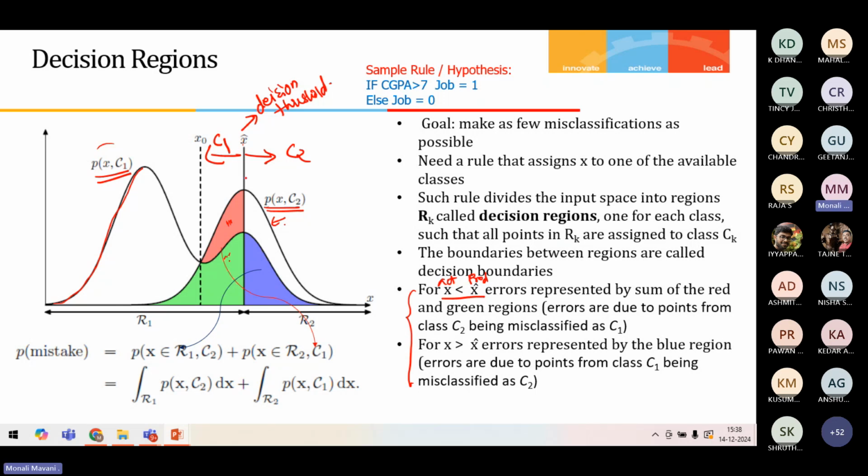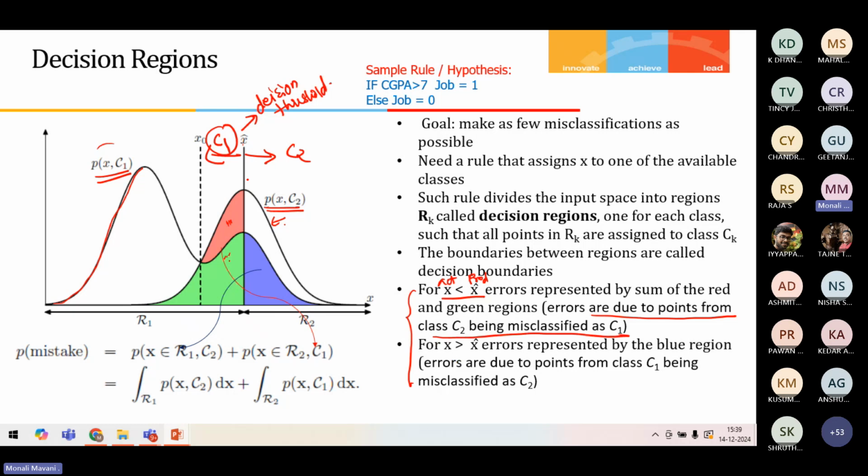This is a threshold of X bar. So anything on the left-hand side of the threshold, the model will predict C1. The red and green regions are the error due to points where class C2 is being misclassified as C1.